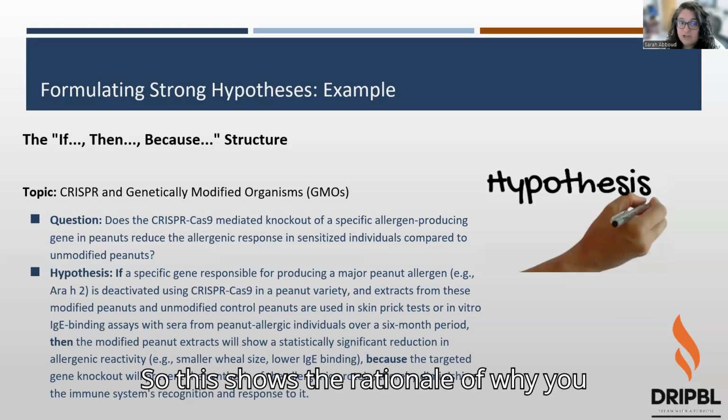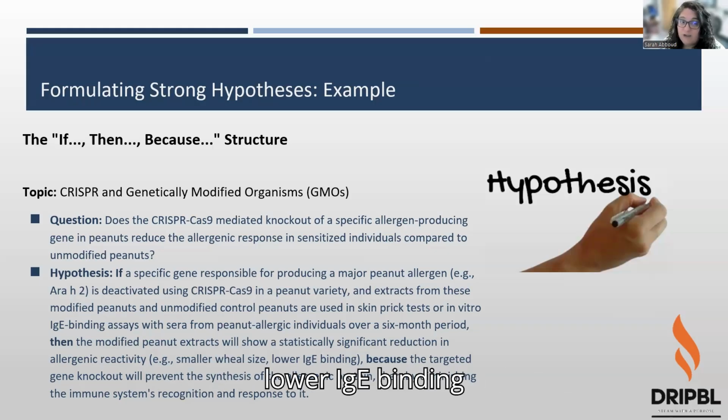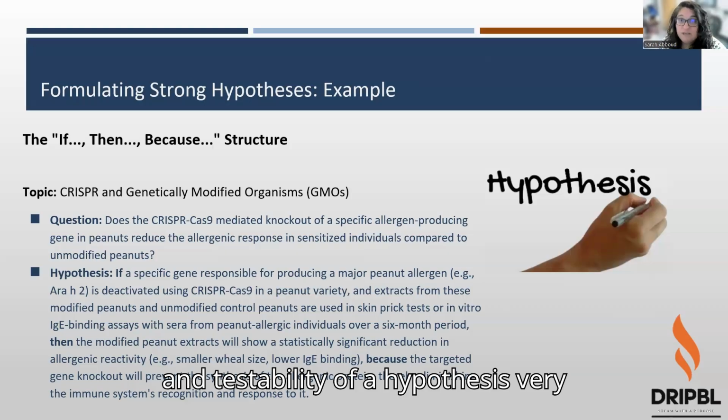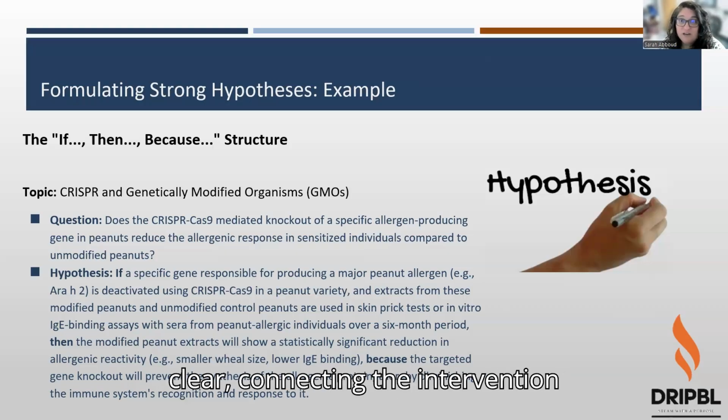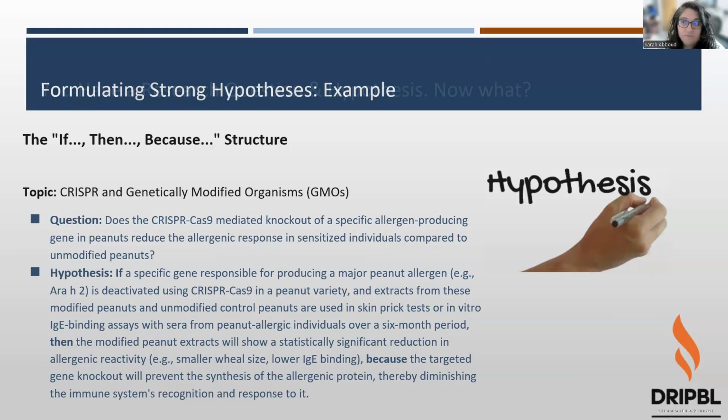So this shows the rationale of why you would expect a smaller wheal size and lower IgE binding once that allergic response protein is knocked out. So this structure makes the logic and testability of a hypothesis very clear, connecting the intervention and the expected outcome that's measurable to the scientific rationale.